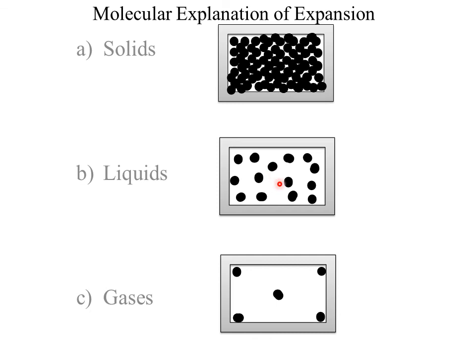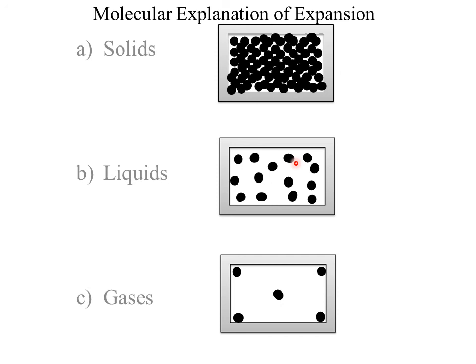So when a liquid is heated, the particles within the liquid gain kinetic energy, therefore move away from each other. As they move away from each other, they are increasing the intermolecular distances between any two liquid particles. When the distances are increasing, the volume is increasing.